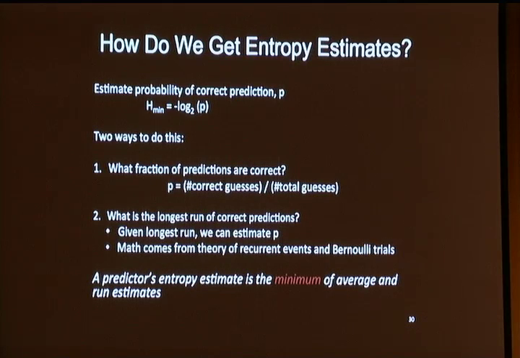So we check the correct predictions and the length of the longest run of predictions, and then we can also estimate a probability value from this length of the longest run. We take the minimum value of these two predictions to estimate the entropy.